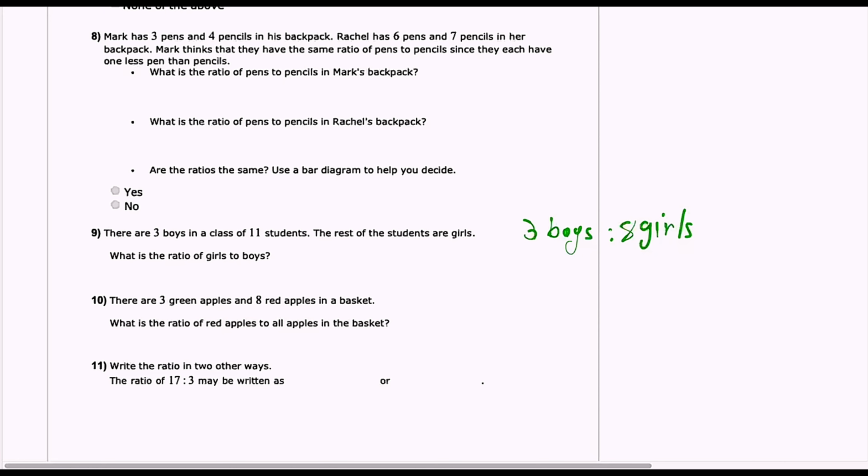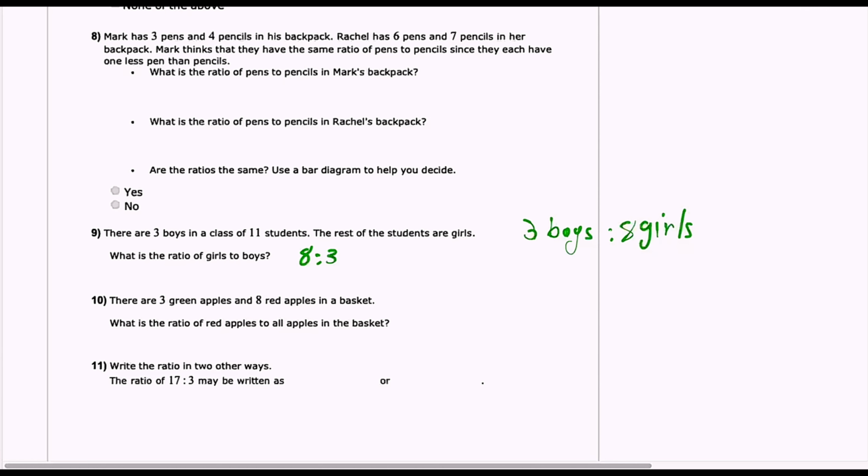Okay, this is the ratio for the relation between the number of boys to the number of girls. But he's asking me about the ratio of girls to boys. Be careful, this is not the correct answer. Why? Because he started here with girls, then it has to be 8 to 3. Why did we write that here?